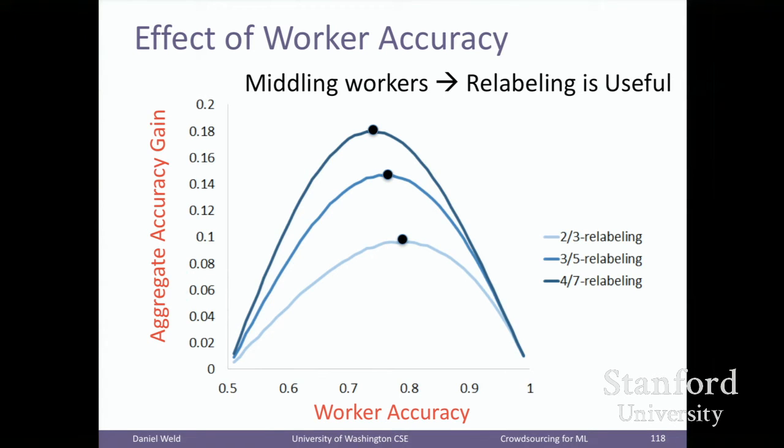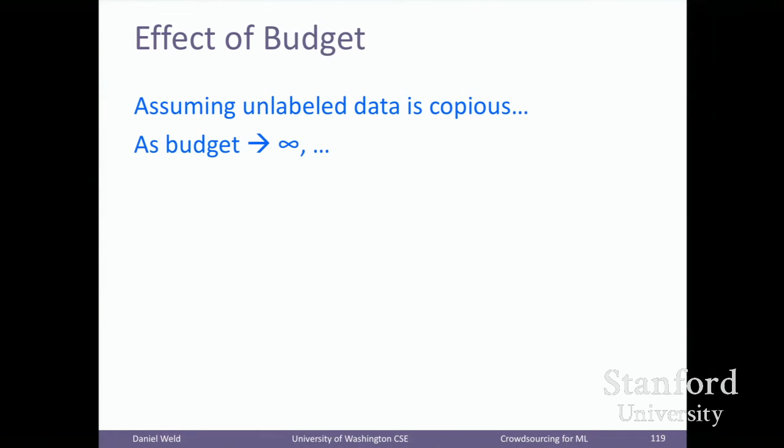But if your workers are right in the middle, you can get a pretty big boost by relabeling. So you can't decide what to do just based on worker accuracy, but all other things being equal, when you've got these middling workers, then relabeling is more likely to be important. And then the final one is it really depends on what your budget is.